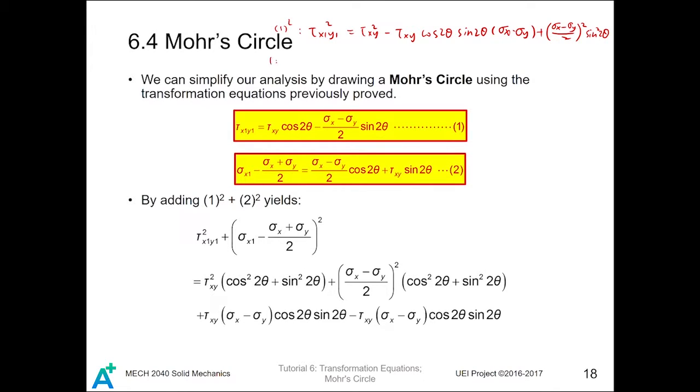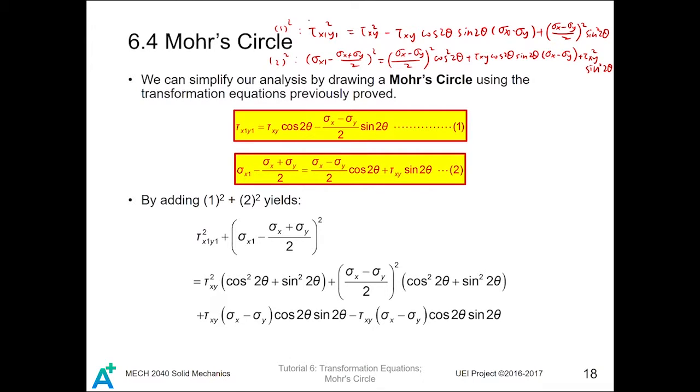For equation 2 squared, it will become sigma x1 minus sigma x plus sigma y divided by 2 squared equals sigma x minus sigma y divided by 2 squared cosine squared 2 theta plus tau xy cosine 2 theta sine 2 theta sigma x minus sigma y plus tau xy squared sine squared 2 theta.